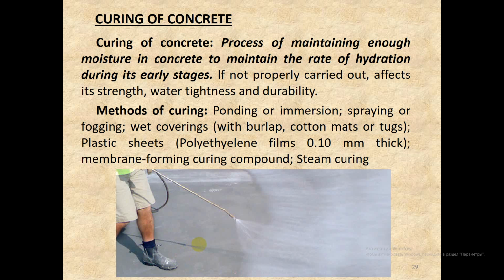Methods of curing are ponding or immersion, spraying or fogging, wet coverings with burlap, cotton mats or hessian, plastic sheets, polyethylene films 0.10 millimeters thick, or membrane forming curing compound, and steam curing.